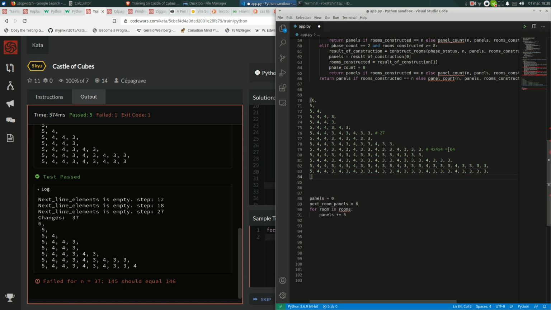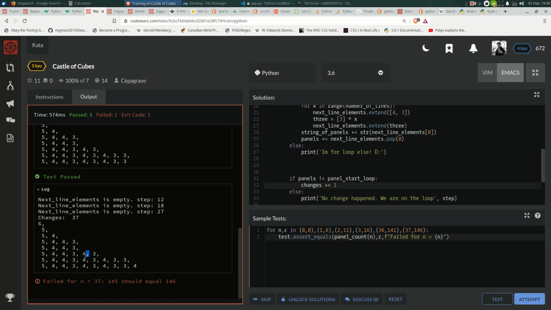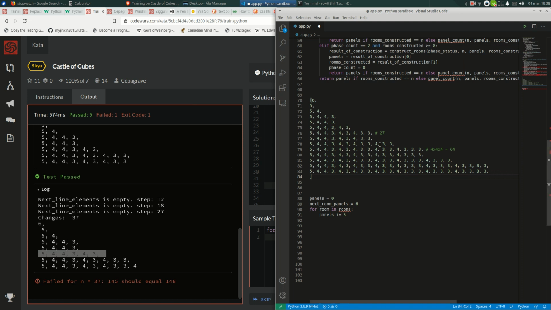All right, so I think I have enough visual data to construct a solution, because what do we see? Where are we starting again? We're starting here, step 12. Yes, because we start with empty next line elements.